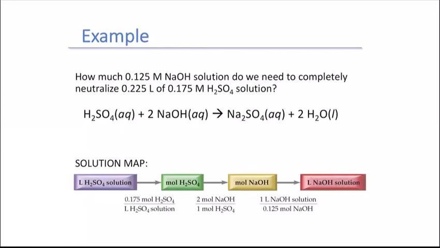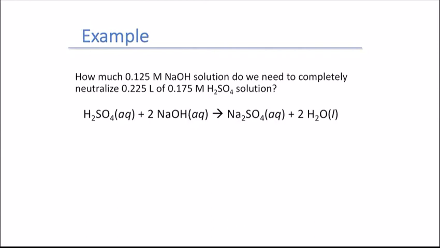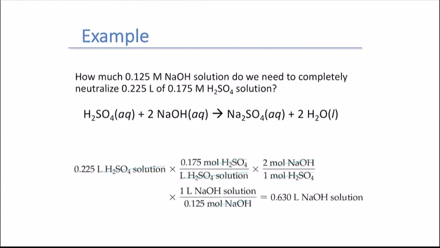Once I'm in moles of sodium hydroxide, I'll use that concentration to convert to liters of sodium hydroxide, which gives us 0.63 liters of sodium hydroxide is needed to neutralize that 0.225 liters of sulfuric acid.